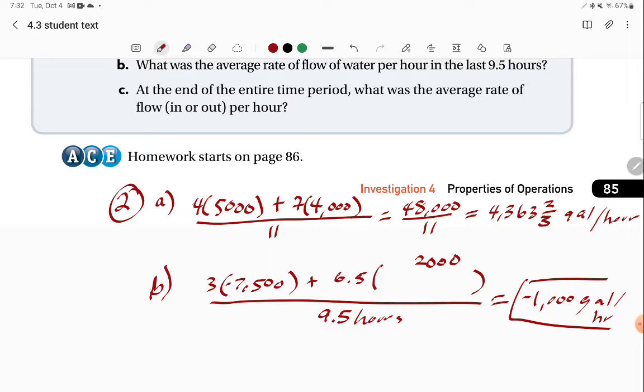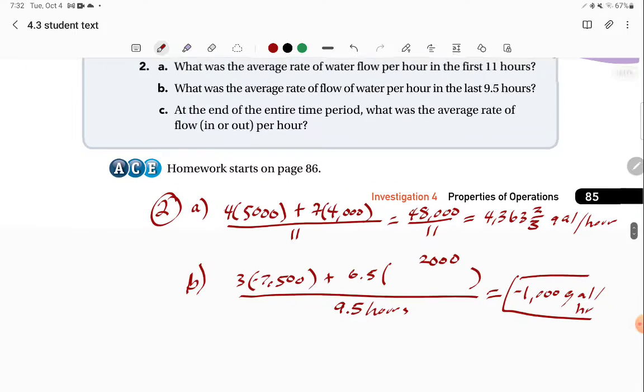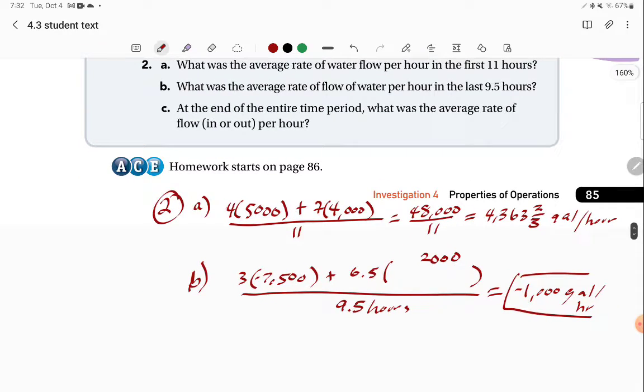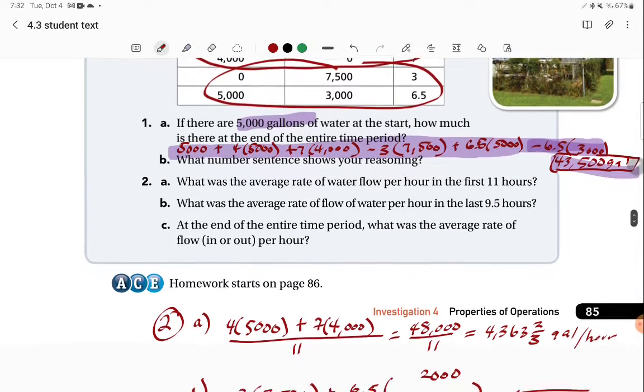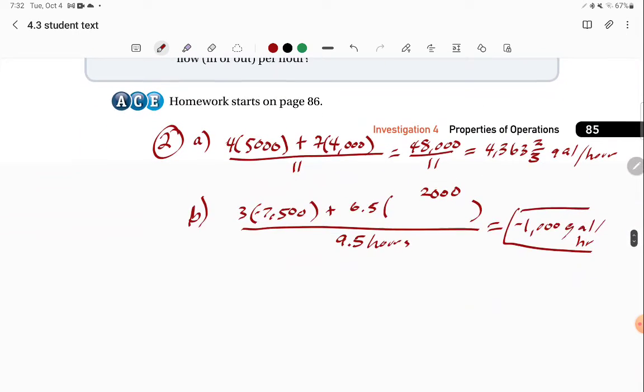Then part C, at the end of the entire time period, what was the average rate of change? So then we would do all of this. You would find all of it, and what did we get on the first one? 43,500.